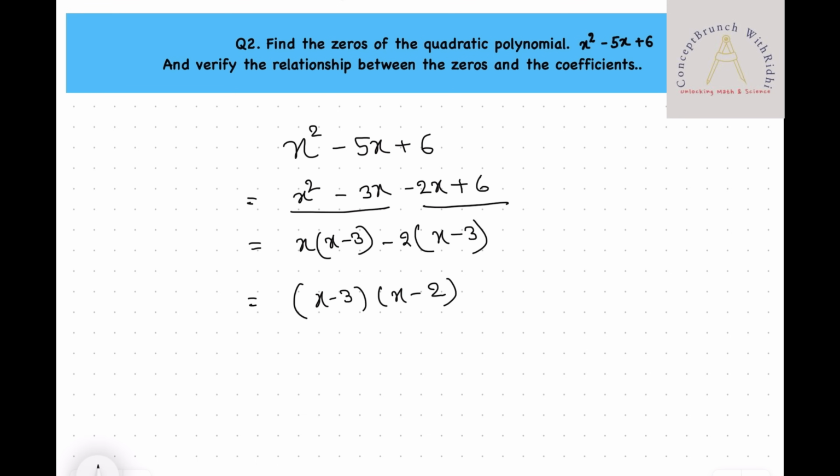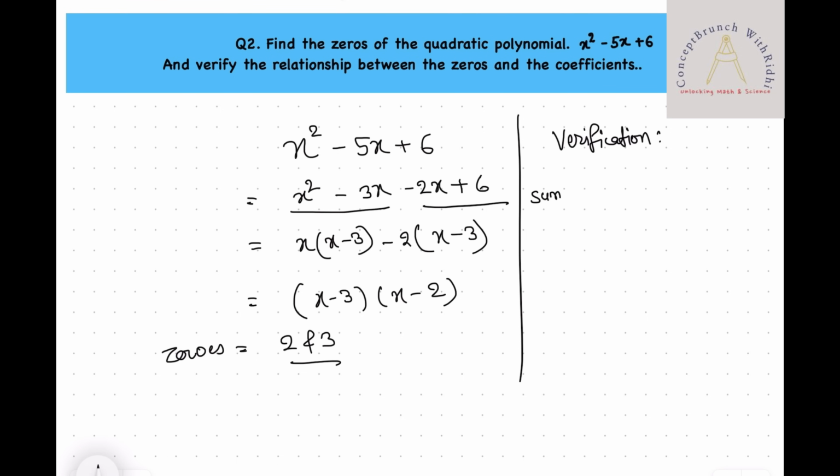So it's x minus 3 and x minus 2. So the factorization for this part, so what can we write as the zeros? 2 and 3, right? Now we have to do the verification. Let's do the verification. For this verification, we can find out the sum of the zeros.